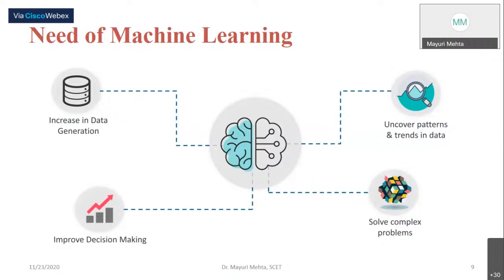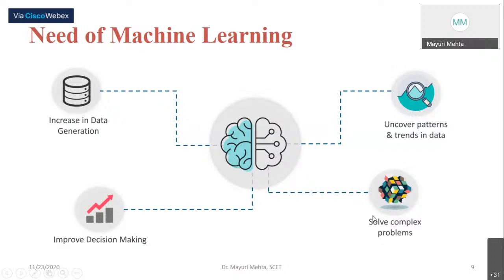Finding hidden patterns and extracting key insights from data is the most essential part of machine learning. By building predictive models and using statistical techniques, machine learning allows us to dig inside the data at a very minute level also. So that's why we need machine learning.